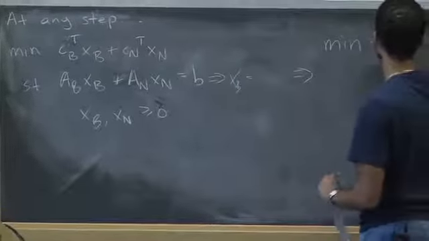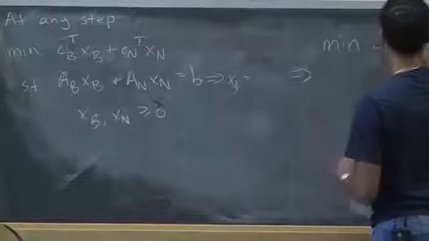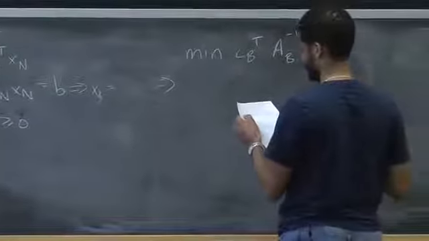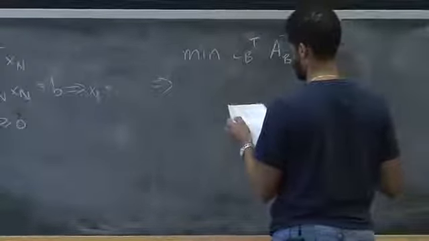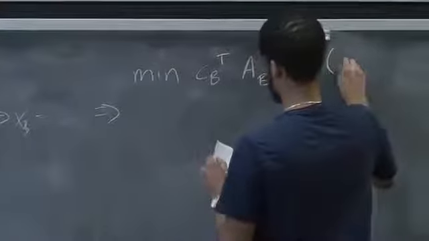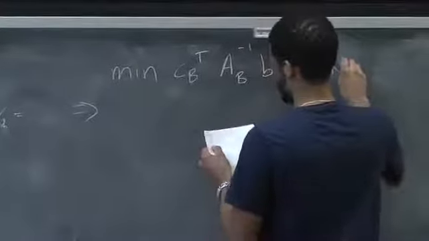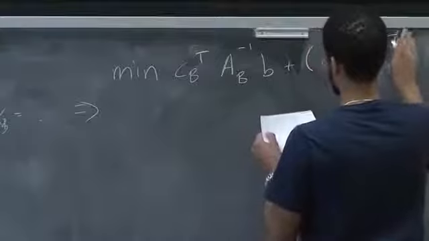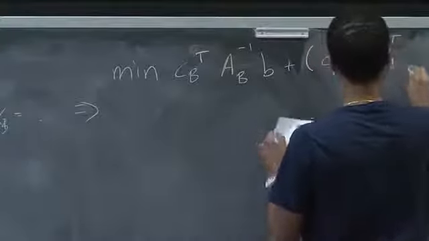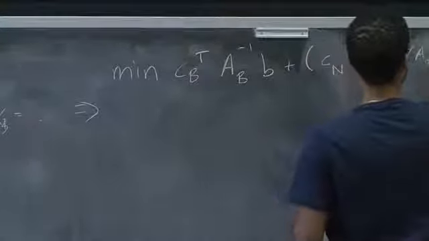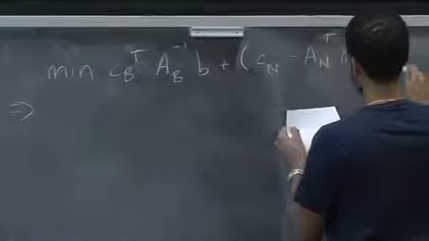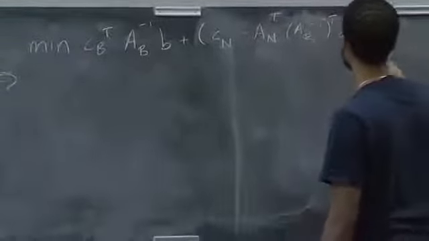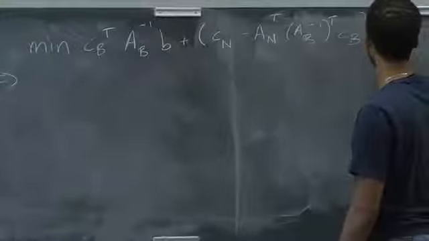You can write this thing as c_B transpose A_B inverse b plus (c_N minus A_N transpose A_B inverse transpose c_B) transpose x_N.